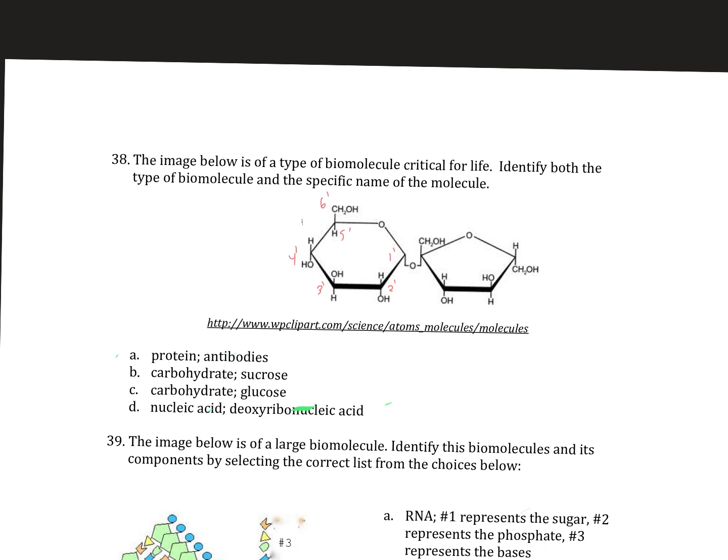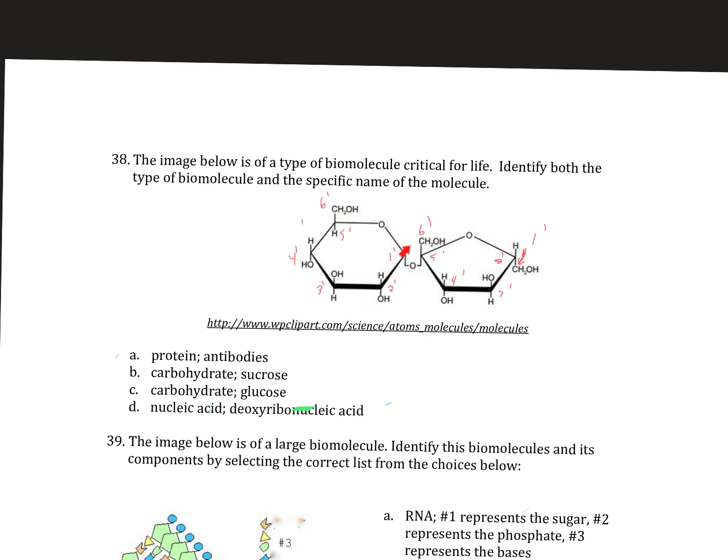And I did the same with fructose. This here is the 1 prime, then 2 prime over here, 3 prime, 4 prime, 5 prime, and 6 prime. And you see the 6 prime is connected to the front 1 prime by this oxygen. We'll look at how they're connected in a second.